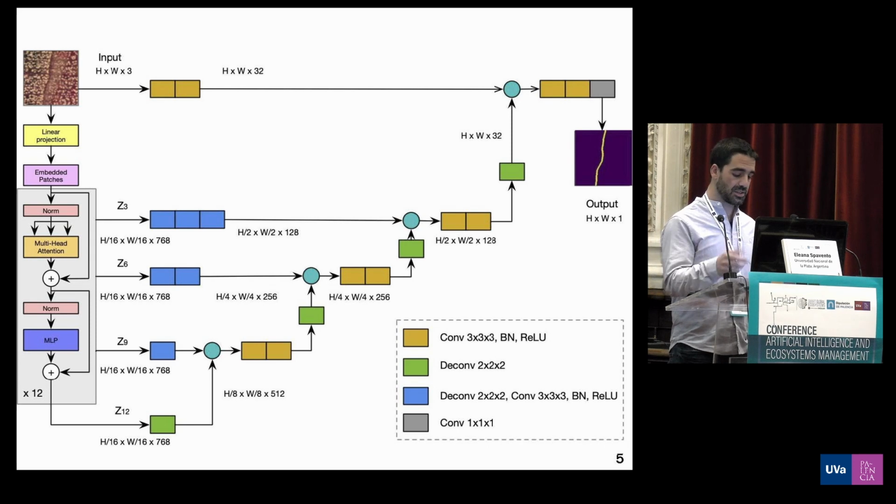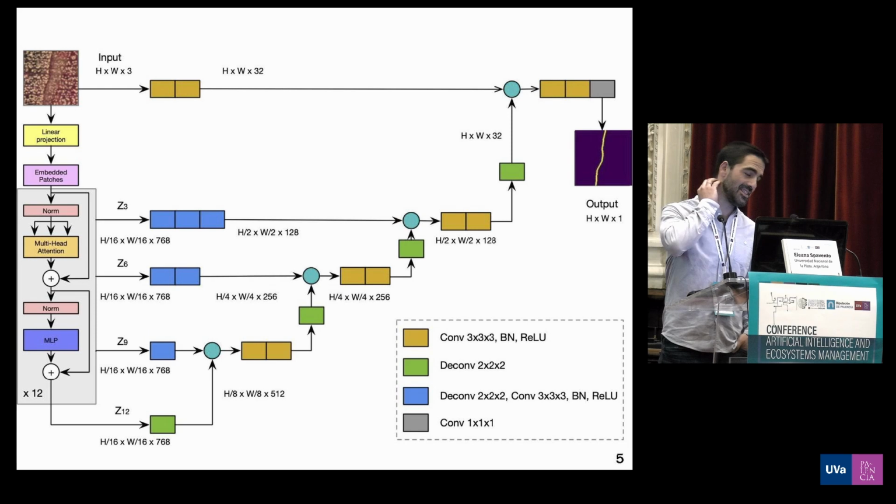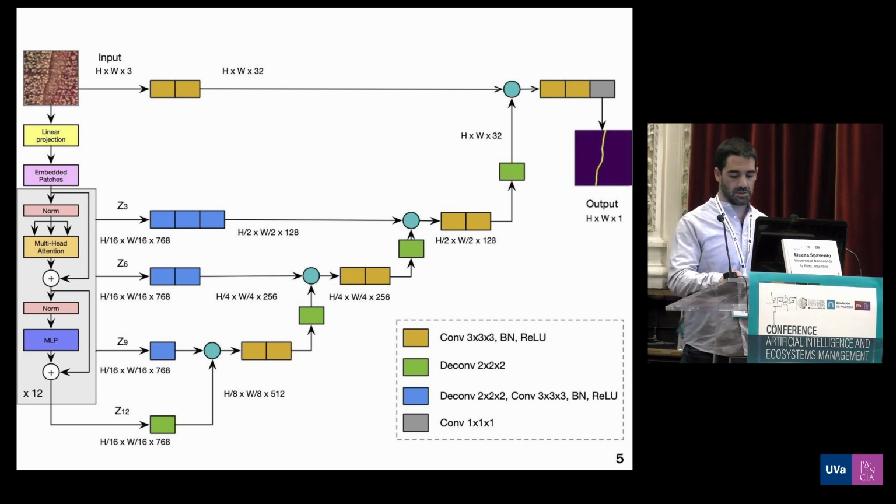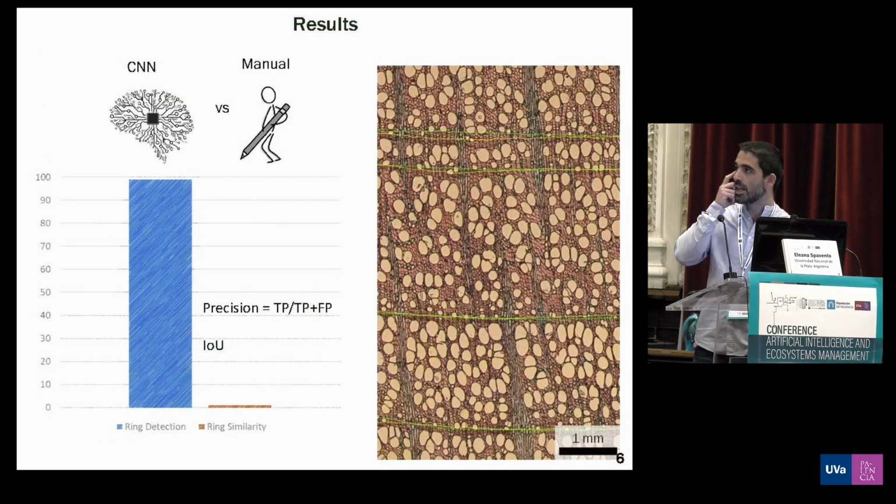They were RGB images in JPEG format, which is not good at all because you have a loss of information in the images, but it can work really well with this kind of images.